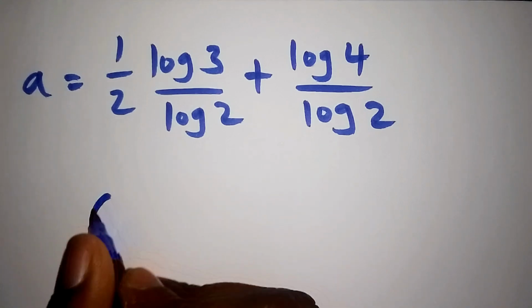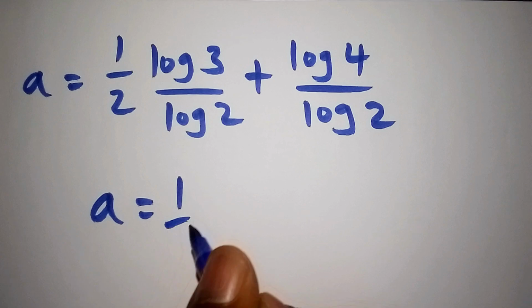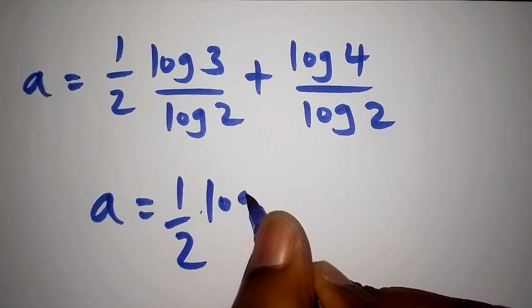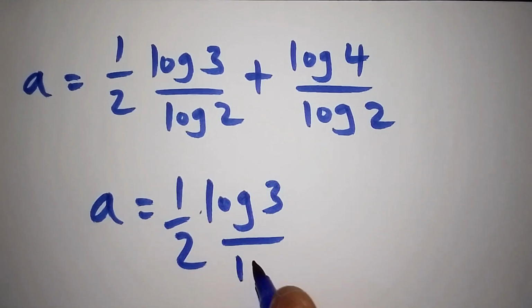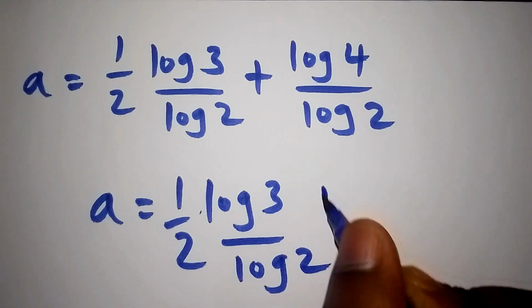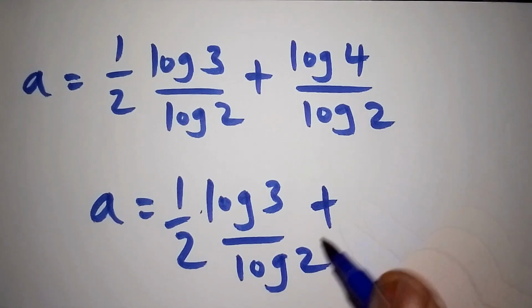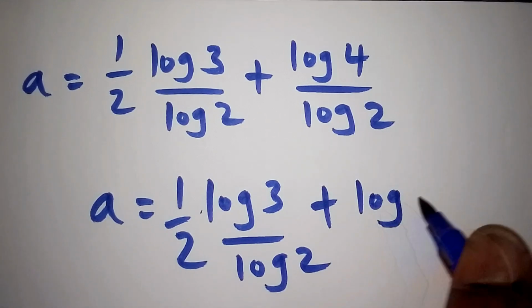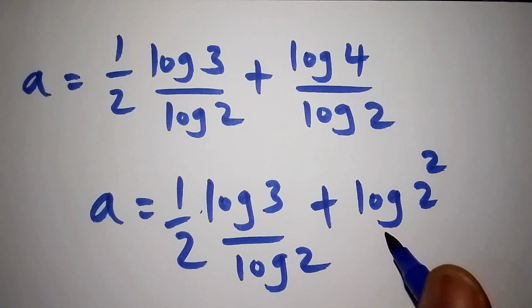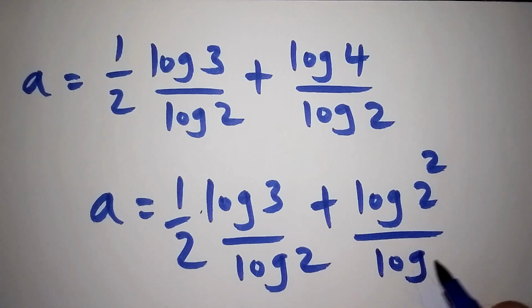We can still simplify this part by saying that a equals a half the log of 3 all over the log of 2, plus the log of 4, which we can also write as the log of 2 to the power of 2, all over the log of 2.